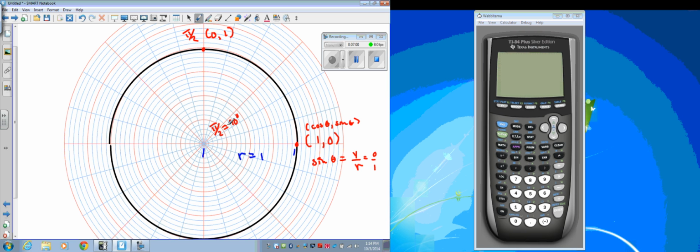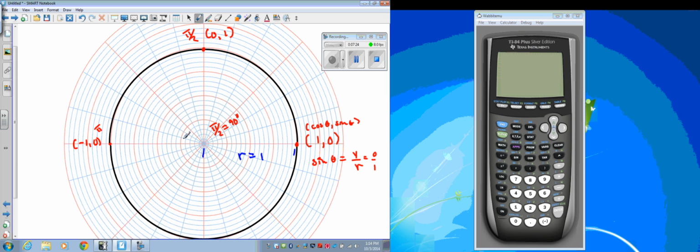Correct. Then when you go down here to that point right there, the ordered pair here is what? -1 and 0. And so cosine is -1, sine is 0. And the arc length of that point is pi.